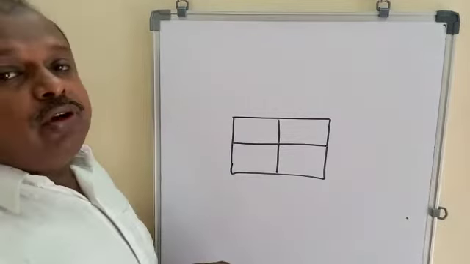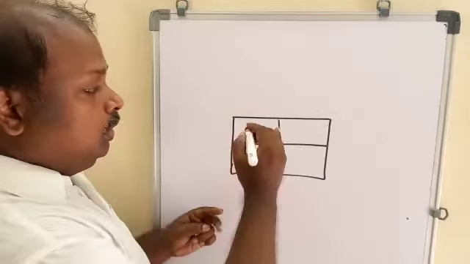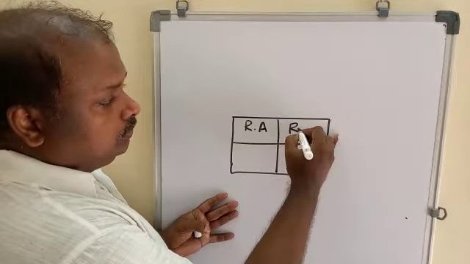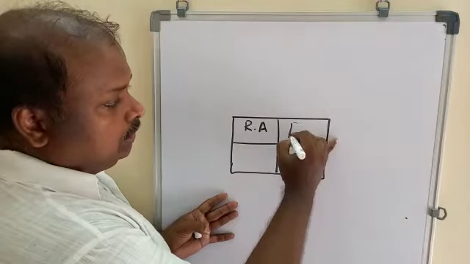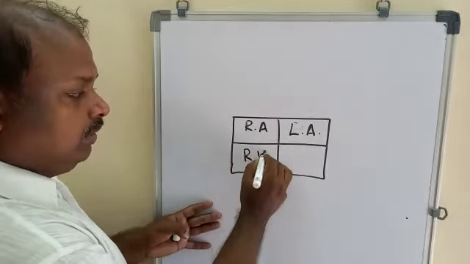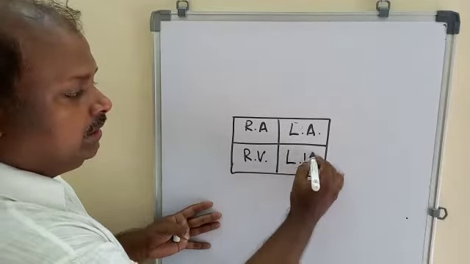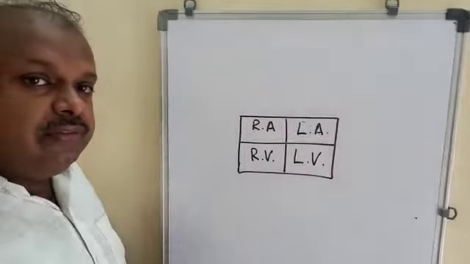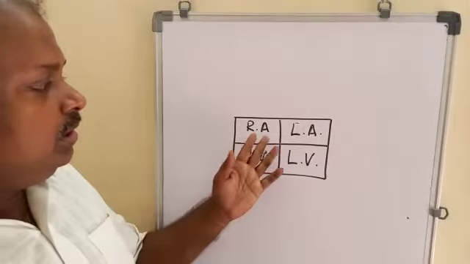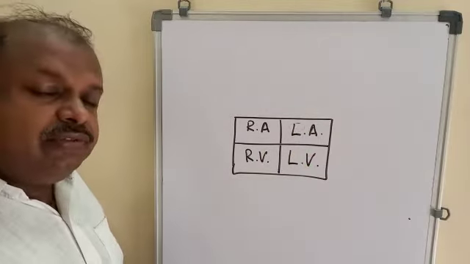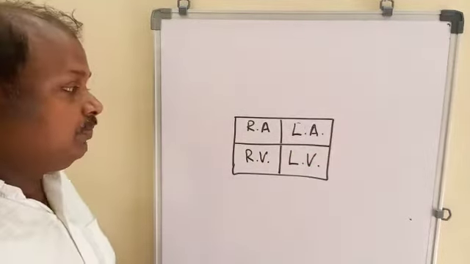Now see, here we have four chambers, as you know: right auricle, left auricle, right ventricle, and left ventricle. Now see what happens.